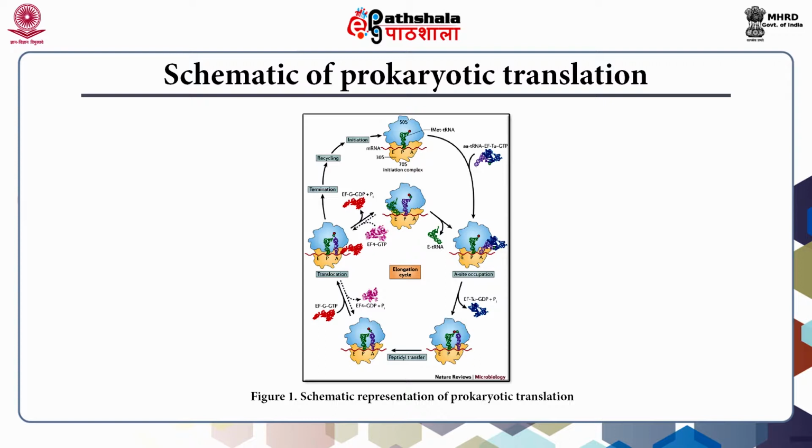This results in formation of a dipeptidyl transfer RNA at the ribosomal P site and a deacylated transfer RNA at the ribosomal E site. The deacylated transfer RNA now leaves the complex and is recycled. The process continues till a termination codon is present at the ribosomal A site, following which the release factors bind to the ribosomal A site and the process is terminated.